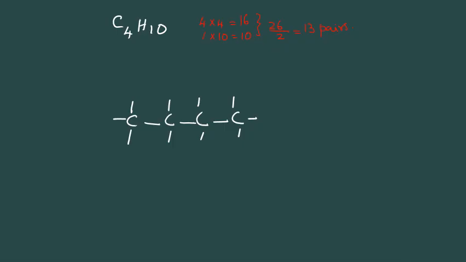So for a hydrocarbon, we can actually connect all the carbons first. So carbon 1, 2, 3, and 4, because we have 4 carbon atoms in the molecule, right? So we will connect them with a single bond, one line. One line means a 2 electron single bond.